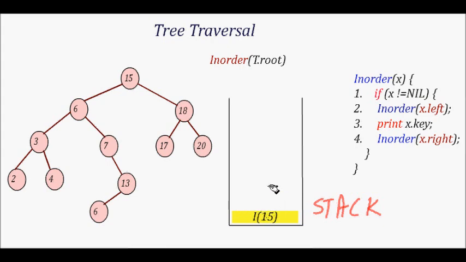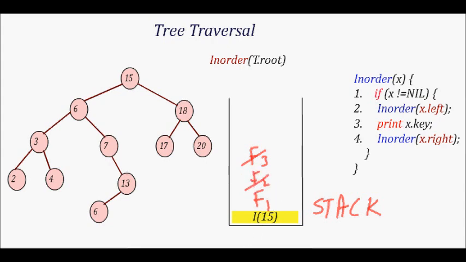So if I'm calling in-order, and from here I call function f1, f1 will be pushed. If I call f2 from f1, f2 will be pushed onto the stack. If from f2 I call f3, f3 will be pushed onto the stack. When f3 returns, it will be popped out from the stack. Then f2, when it returns, will be popped out from the stack, and so on.